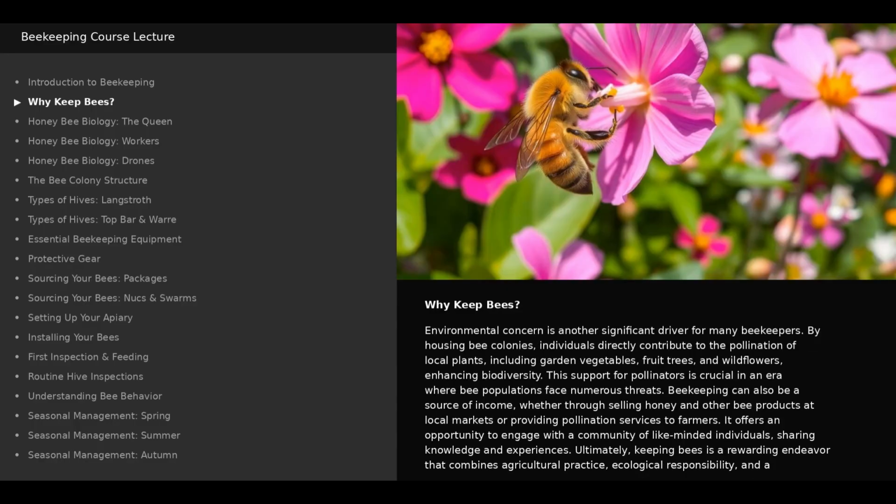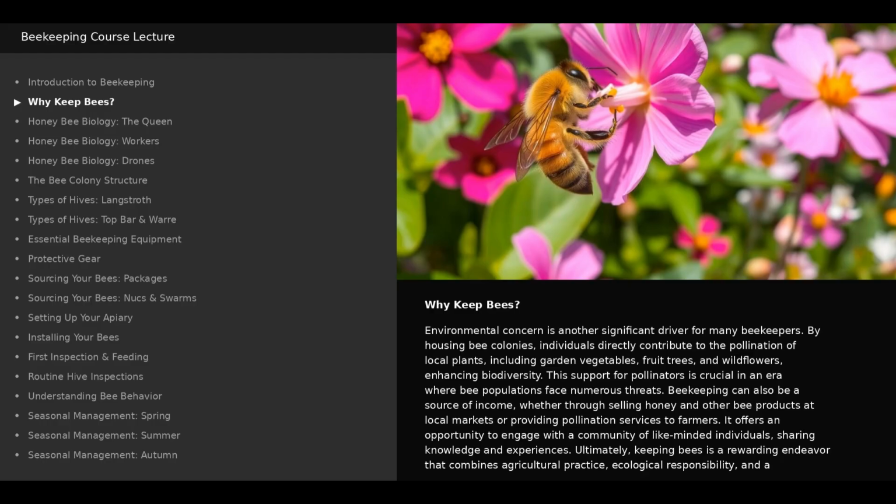Environmental concern is another significant driver for many beekeepers. By housing bee colonies, individuals directly contribute to the pollination of local plants, including garden vegetables, fruit trees, and wildflowers, enhancing biodiversity. This support for pollinators is crucial in an era where bee populations face numerous threats.